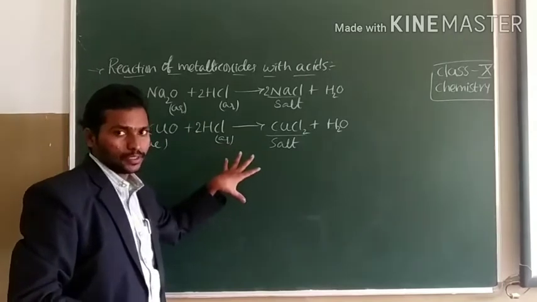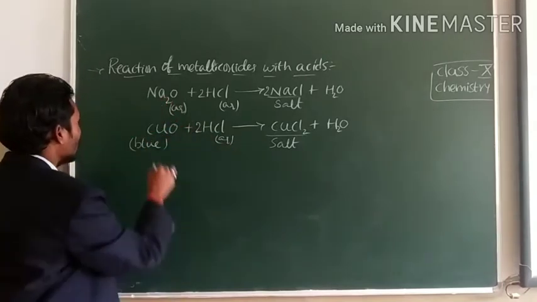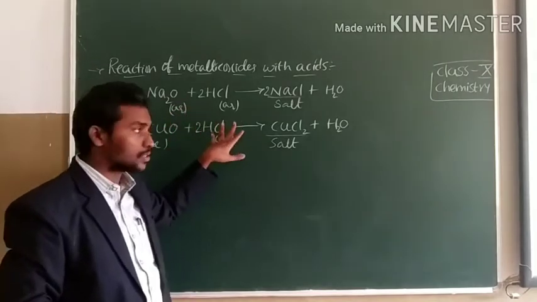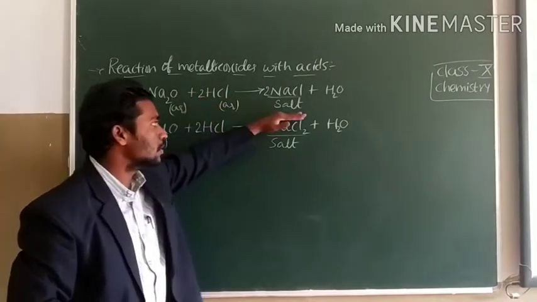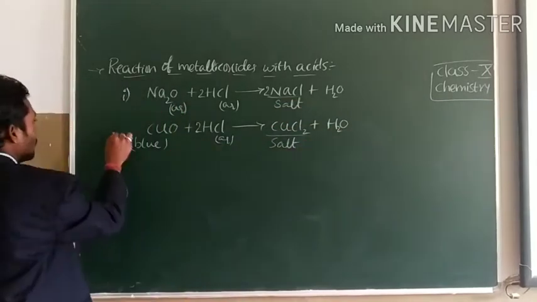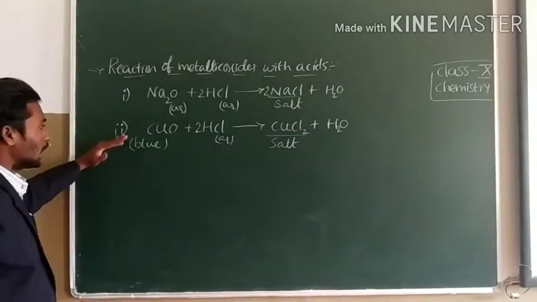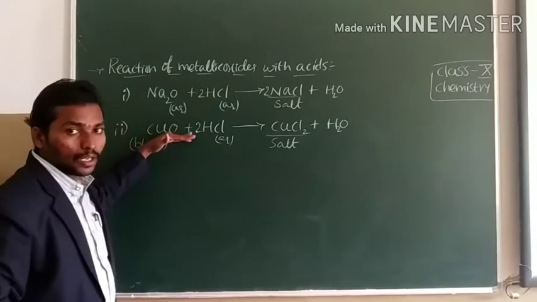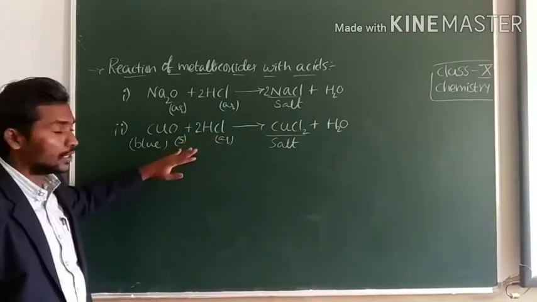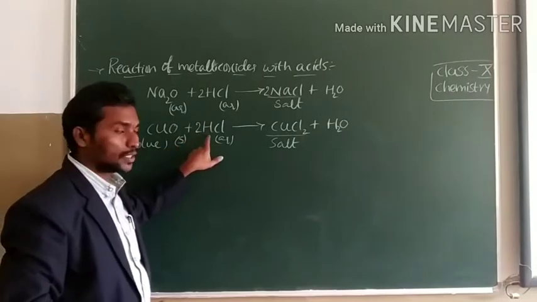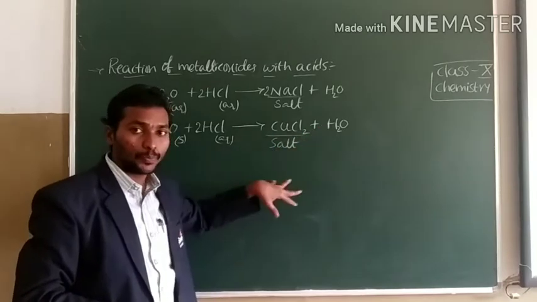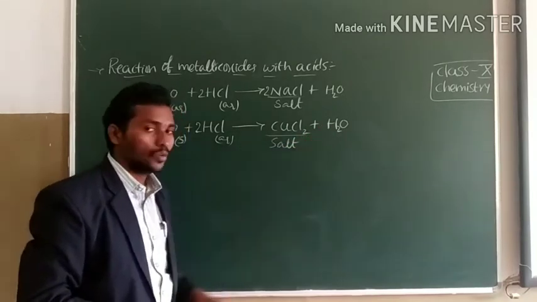Observe the two equations. In equation 1, the reaction between aqueous solutions of sodium oxide and hydrochloric acid forms a salt, that is sodium chloride, and water. In the second equation, the reaction between cupric oxide, a solid, and aqueous hydrochloric acid forms CuCl2, cupric chloride salt, and water.